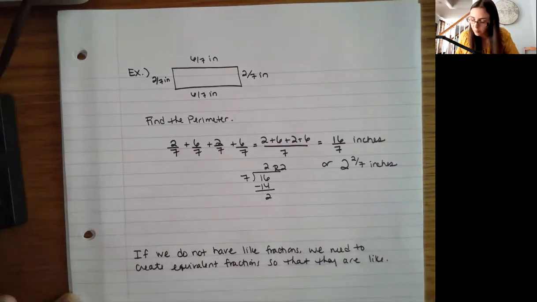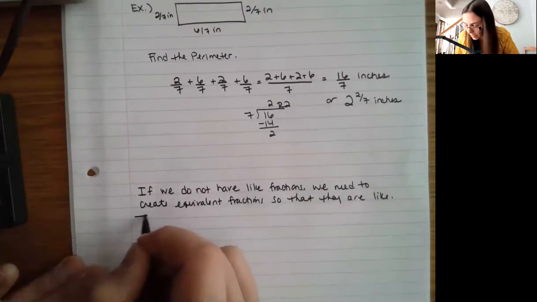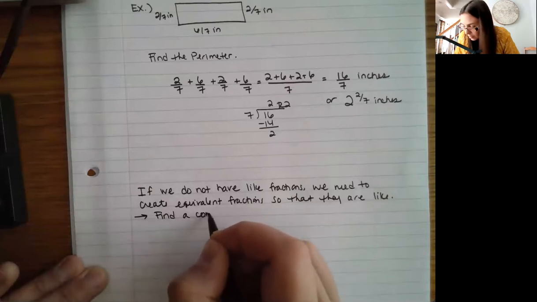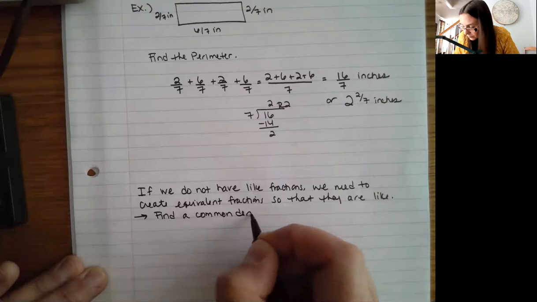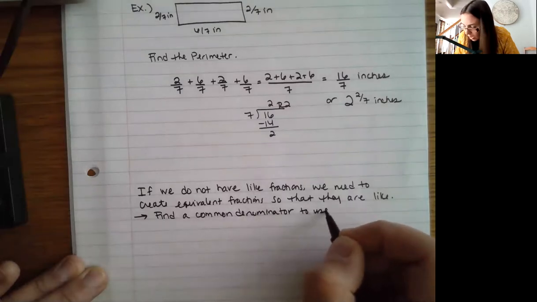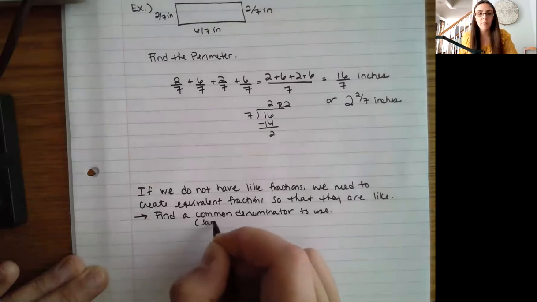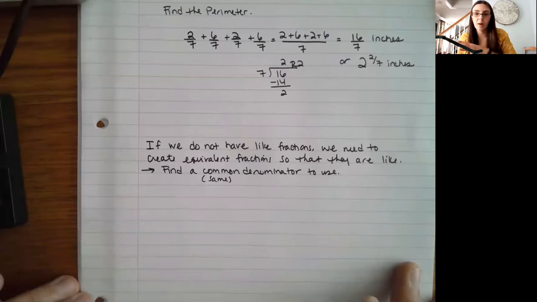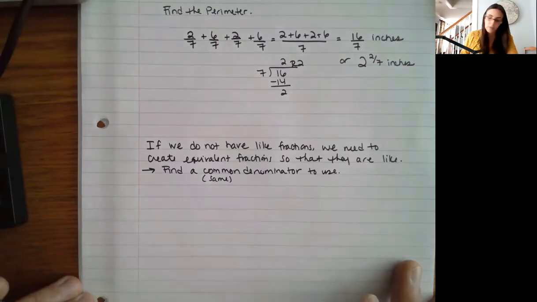And to do that, what we need to do is to find a common denominator to use. And remember, the word common really means the same. So we want to make sure that we create fractions such that they now have the same denominator, and we can go ahead and add or subtract. So that's what we want to do.